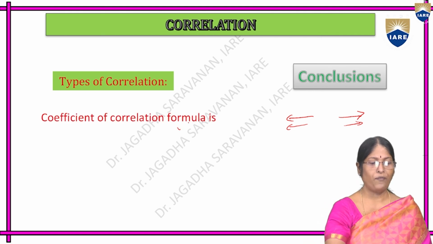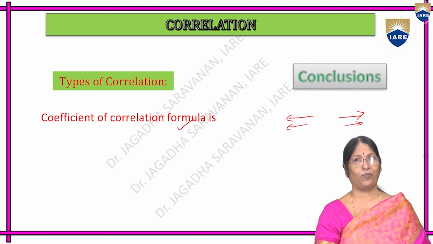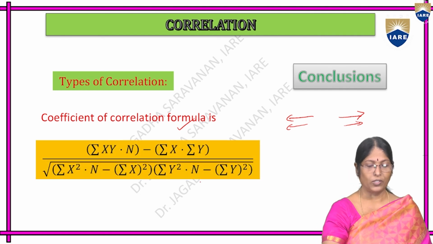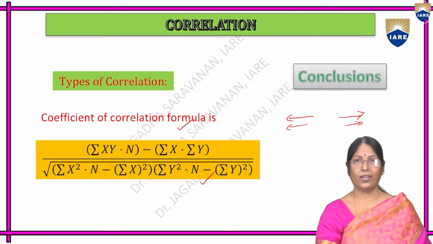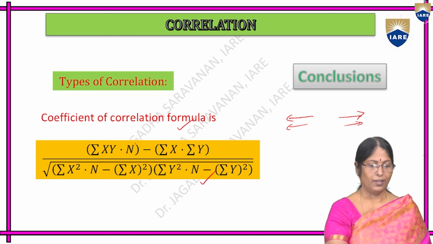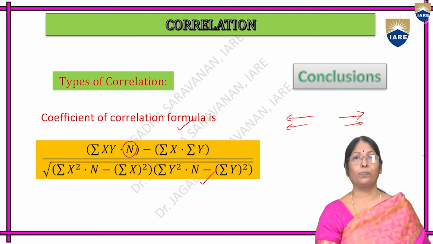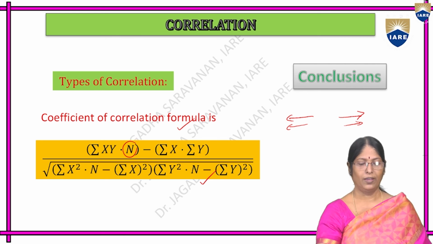And the coefficient of correlation formula, we discussed and solved using this formula. We constructed the table according to the terms required to substitute in this formula, and the capital N is the number of paired data.